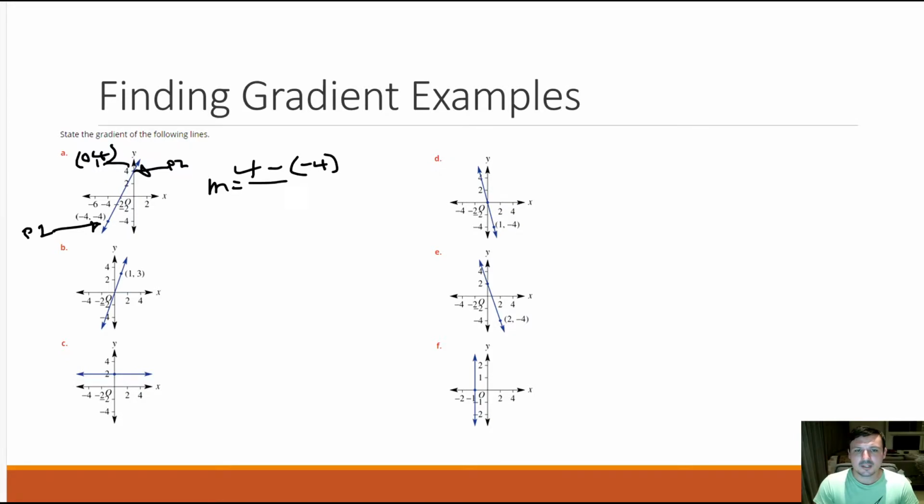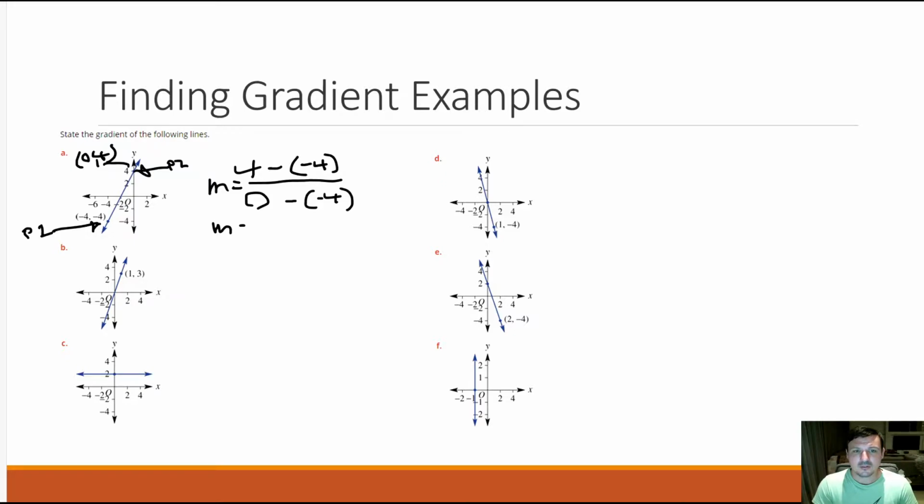Notice that I've put brackets around the second number because it's negative. I don't want to get confused and accidentally leave the minus, which is part of the formula, and not have that negative in front of the 4. x2 is 0 minus x1, which is also -4.